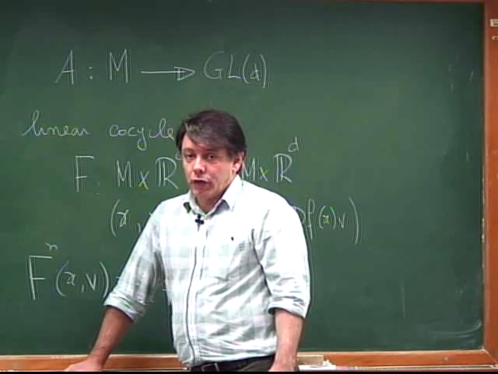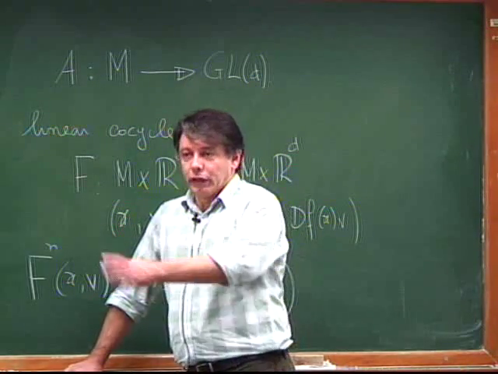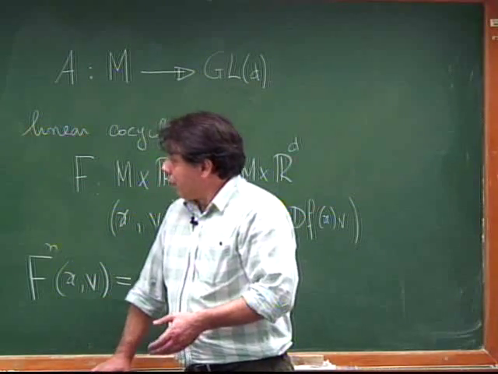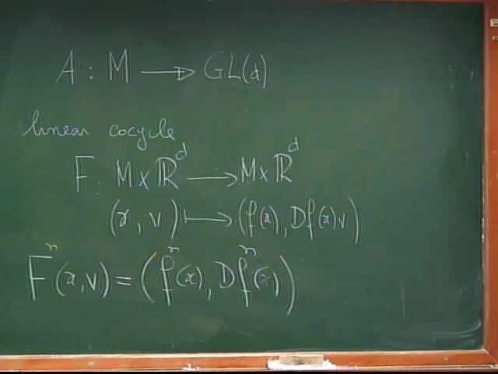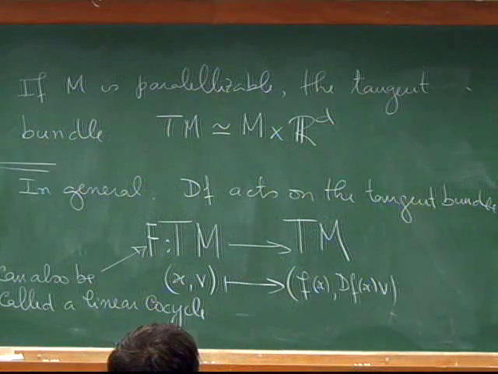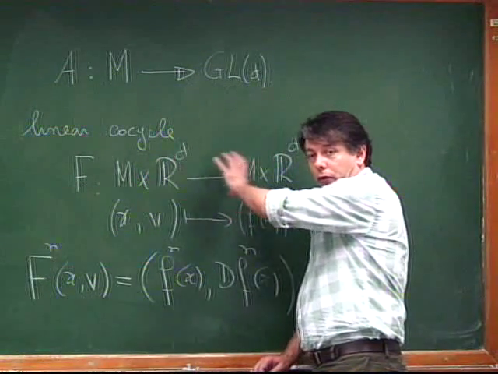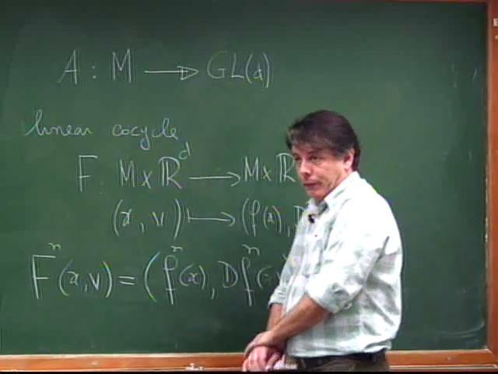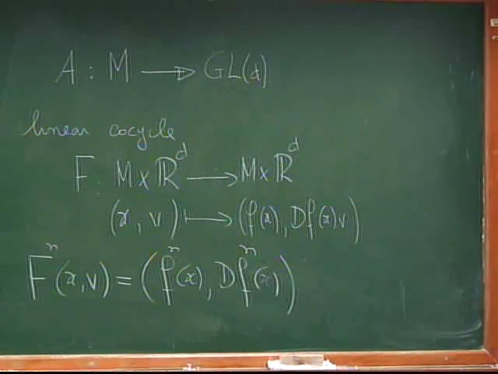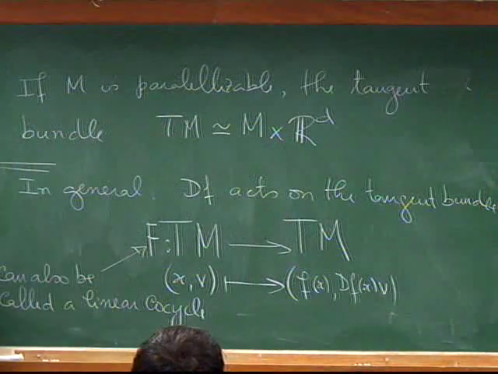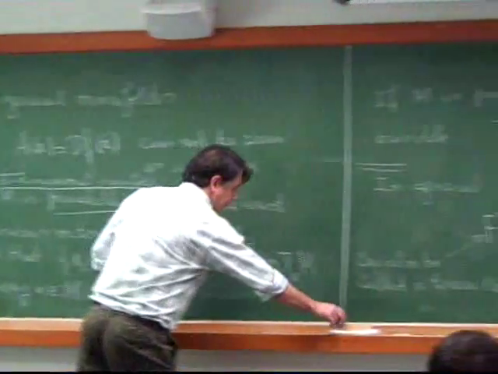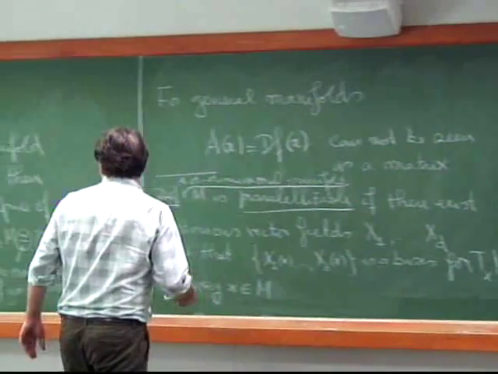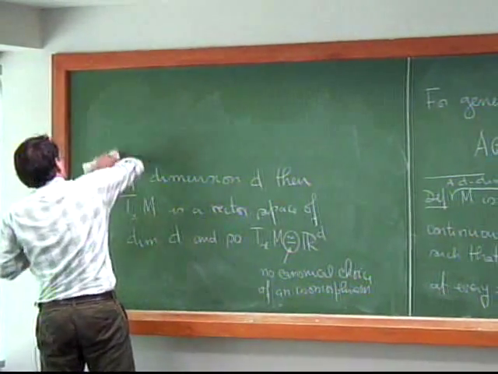Because from the point of view of topology and so on, it's completely different. But from our point of view, it doesn't make much difference. We don't gain anything by looking at more general linear cocycles. And so, for the purpose of the course, a linear cocycle is a skew product on a product space. Okay? But I don't want you to feel that the sphere doesn't belong to our game. We could easily include all manifolds in this setup. Okay, one third example.